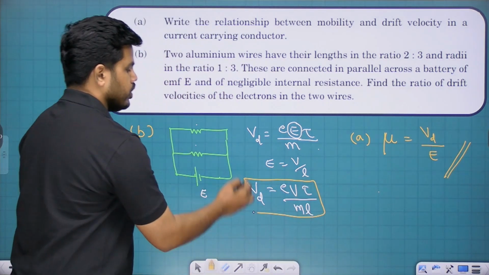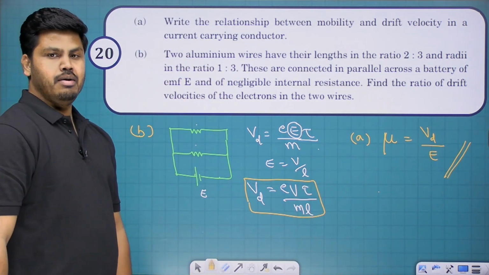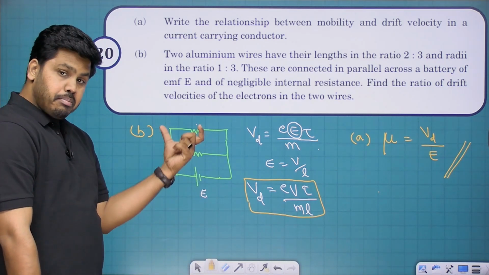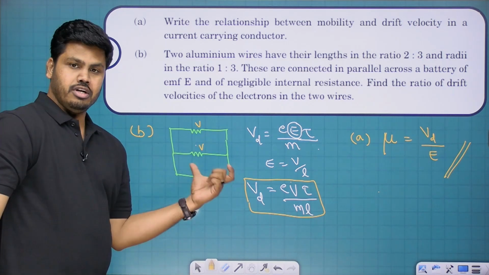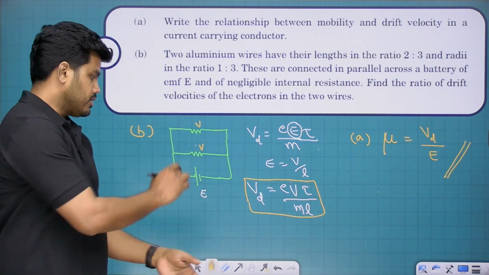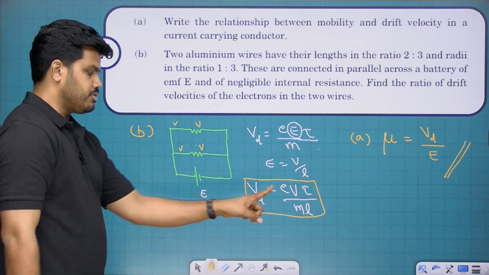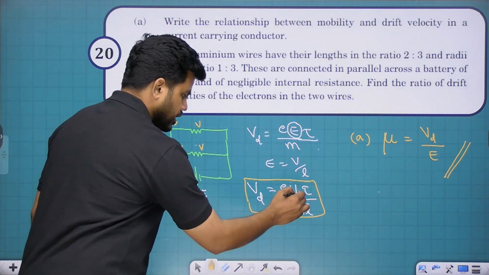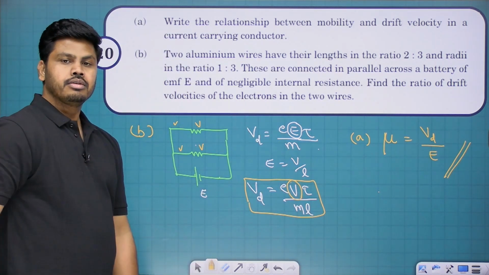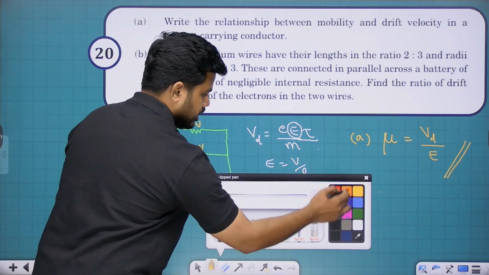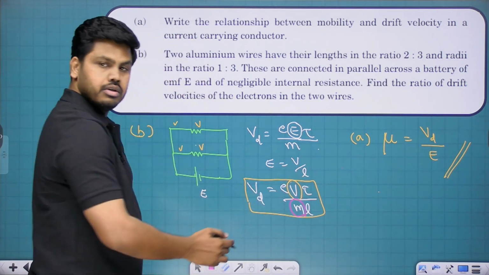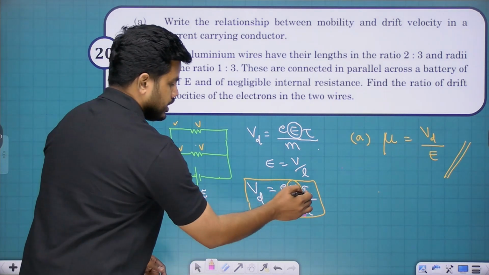Vd is equal to e V tau divided by mL. In the parallel combination, V stands for the potential difference. Both of them will have the same potential difference because they are connected in parallel. This is wire 1, this is wire 2. They have the same potential difference, so V remains constant throughout. Okay, m is the mass of the electron, which is a constant, so we don't have to worry about it. In both the cases, it will be the same.